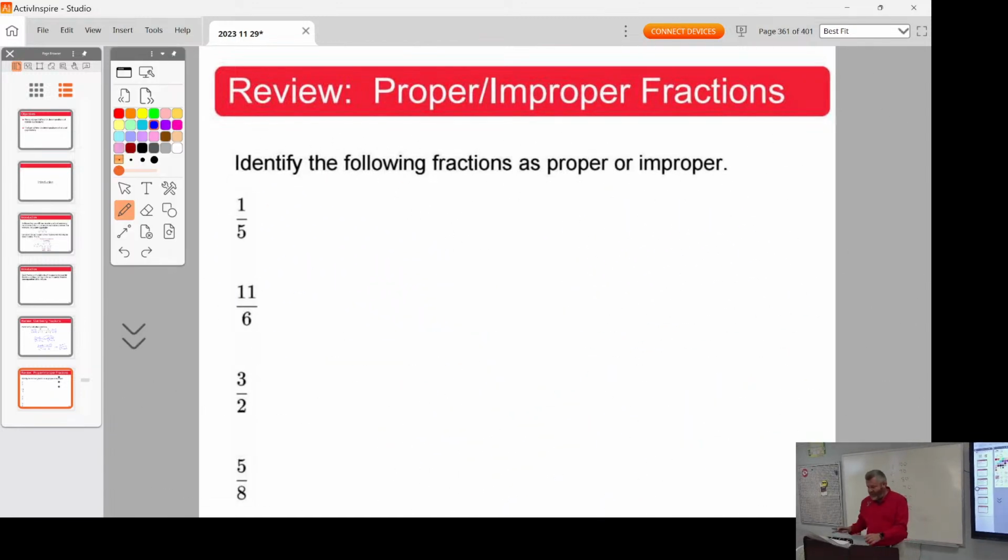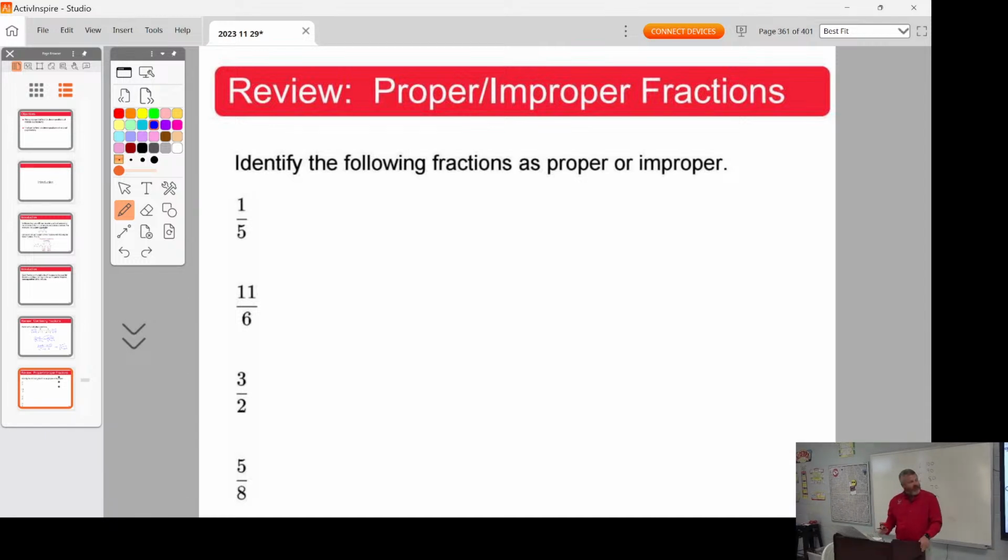Here are some terms you might not have seen in a while. What's a proper fraction? What's an improper fraction? What makes a fraction proper or improper? So is 1/5 proper or improper?